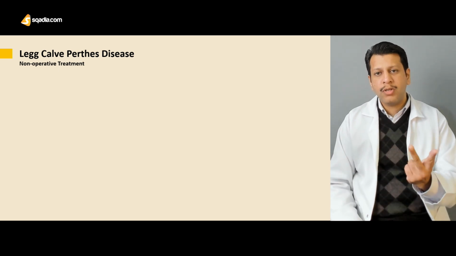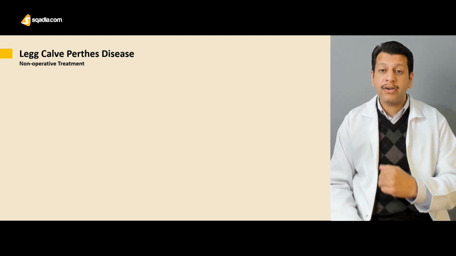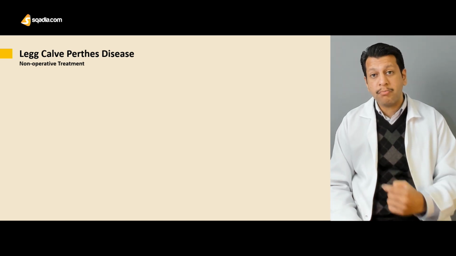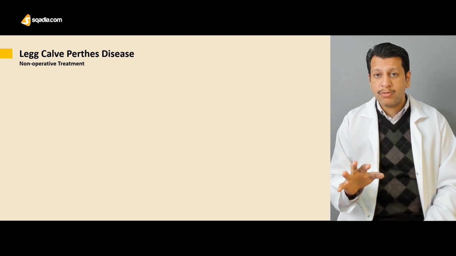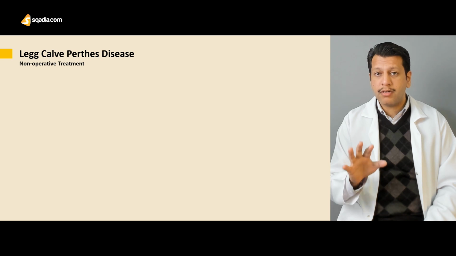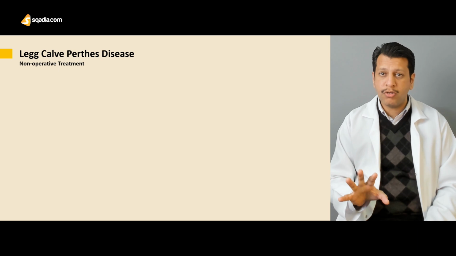But if there is no swelling, no fever, and only a painless limp in the child, with range of motion, in our case of John, there was a limp, but on examination the range of motion at the hip and knee joint was absolutely normal.